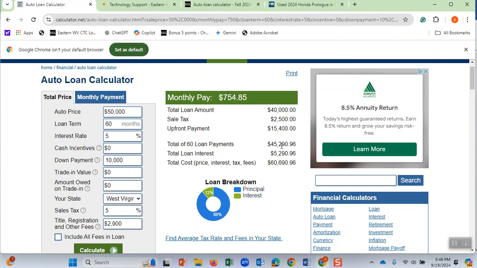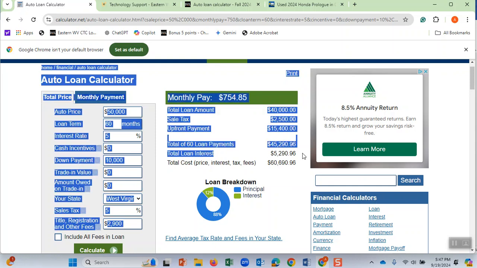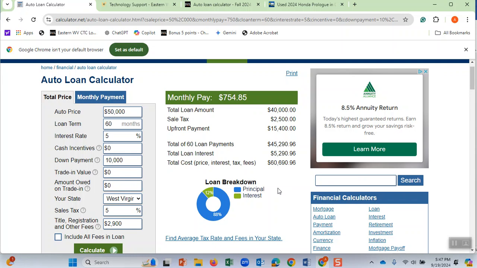Which means now regarding the loan that I am getting, I get $40,000. I have to pay interest of 5%. Interest of 5% for 5 years on 40,000 will be 5,290. Therefore, the way we will look at it is that, as you all know, 40,000 here is the amount of the loan. 5,290 is what I pay for the interest.